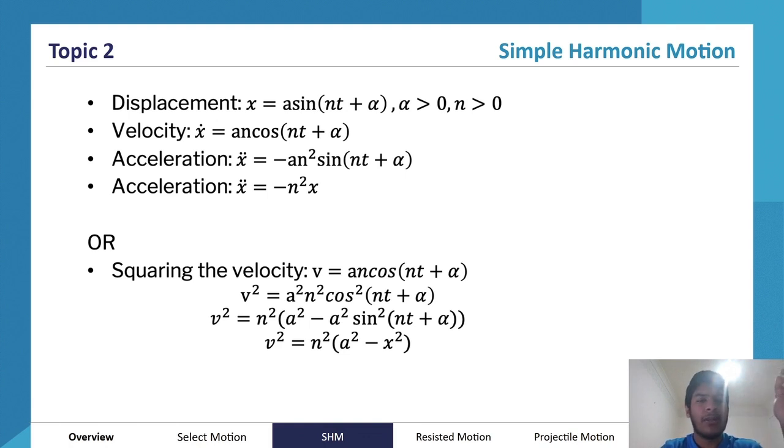Now, we could go another path, and that is we start with our velocity expression. So we have v equals a n cos nt plus alpha, and if we square it, we get v squared equals a squared n squared cos squared nt plus alpha.